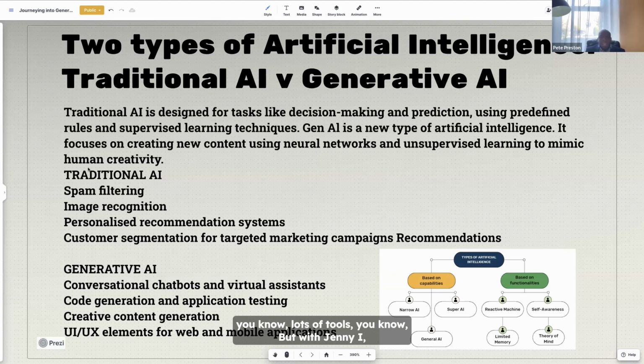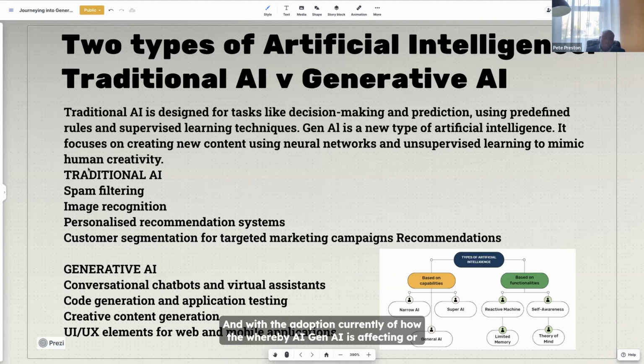But with Gen AI, it's come in a different way. Instead of you programmatically making things happen and creating rules, all you do is present a large amount of data and train on this data. Now, this comes at a cost, but the rewards are pretty huge.